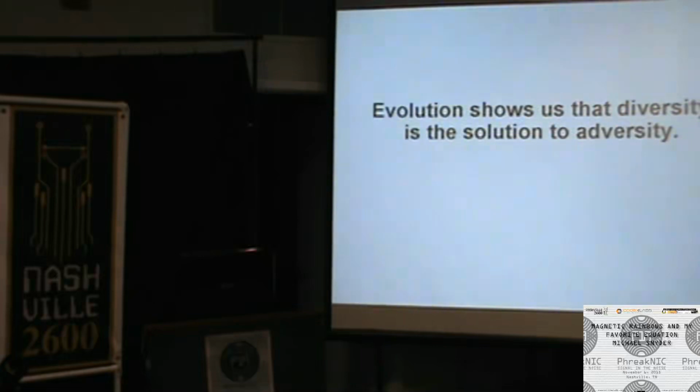Now, there's another way of doing this, and we know from evolution that diversity is the solution to adversity. Basically what that says is, when things are going wrong, you want to try every possible solution. And that's exactly what evolution does. It tries every possible solution. That's why I'm standing here right now. I'm one of the possible solutions it came up with.